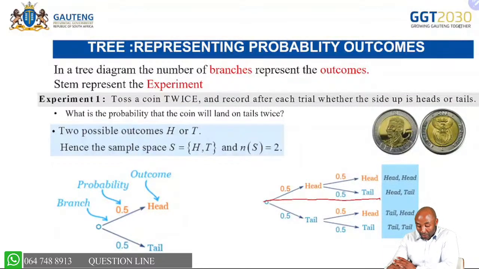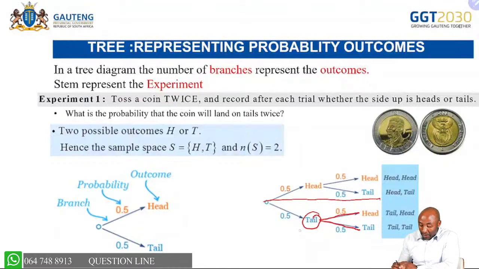So if my first outcome was a tail, my other outcome can be heads or it can be tails, like that. I cannot start having 3 branches now moving from one outcome if I know that my outcomes are always 2, head or tails, depending on the experiment.